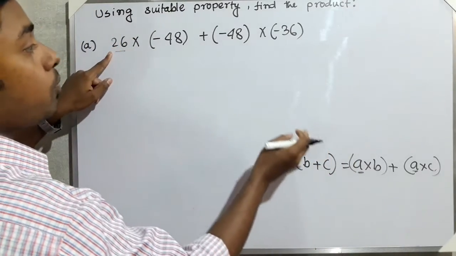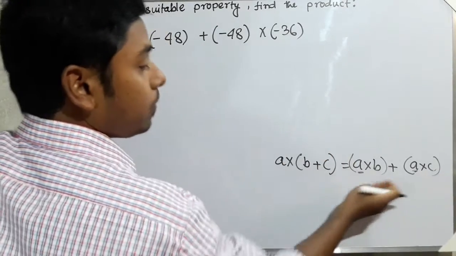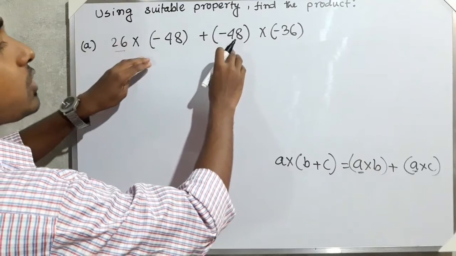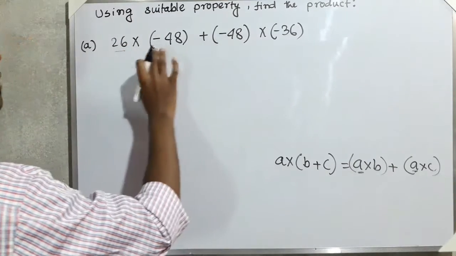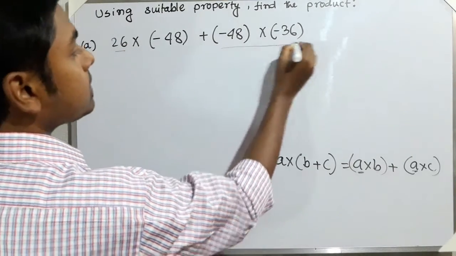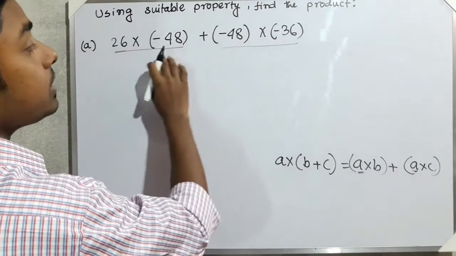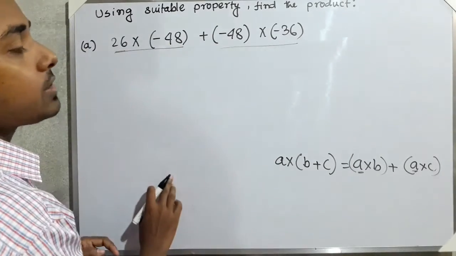So first of all we have to bring your given expression into this form. And how to make it? Here you can see that between these two terms, minus 48 is the common term.